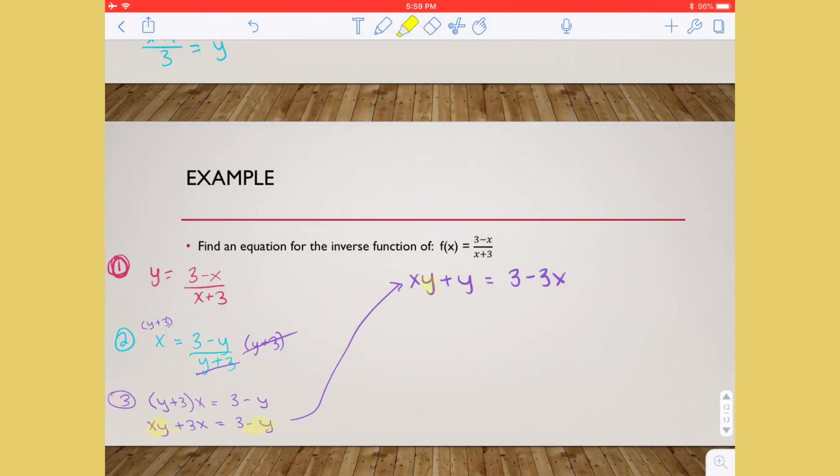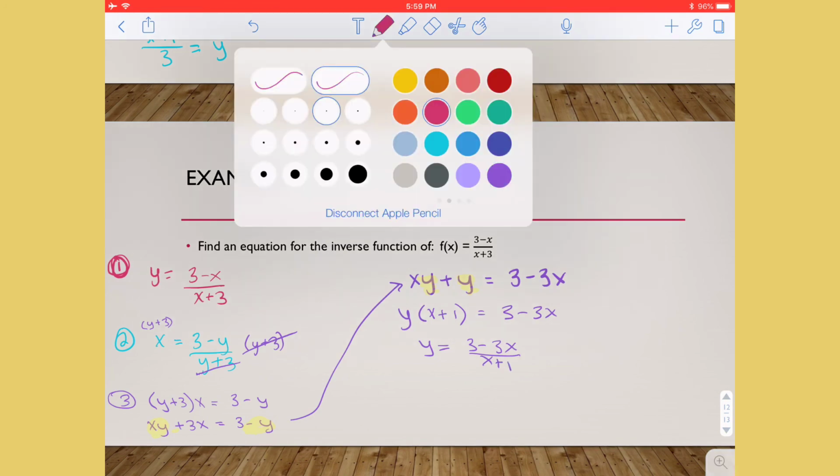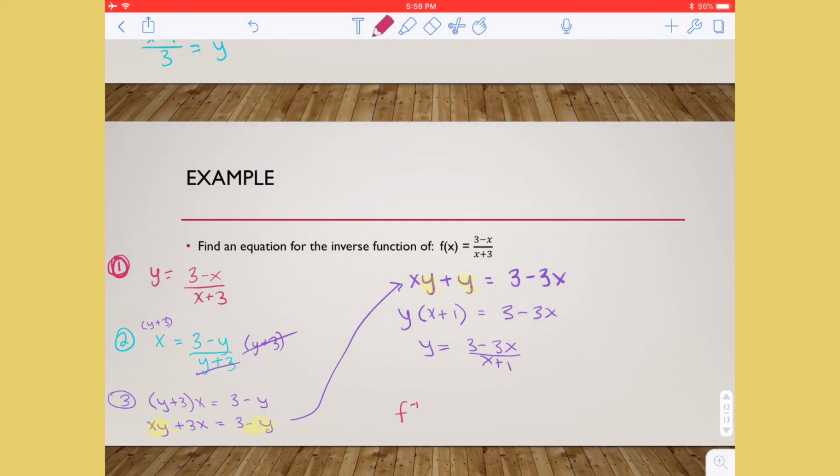And I notice that I have a y in both terms, so I can go ahead and take that out as a GCF, which then allows me to divide out the x plus 1, so that I can then write my final inverse function of 3 minus 3x all over x plus 1.